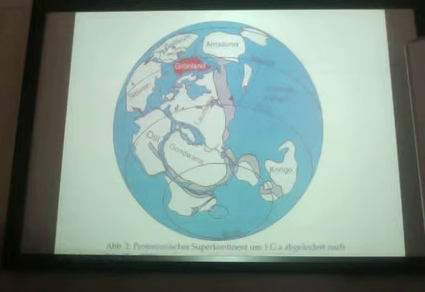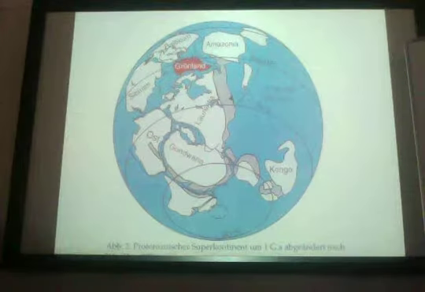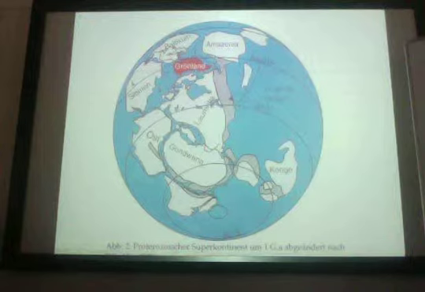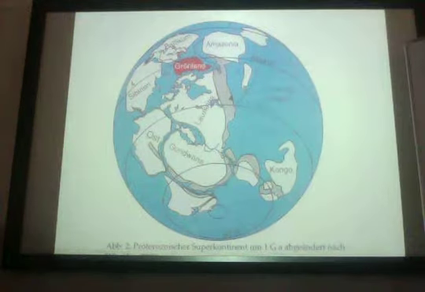And you know by now we had different supercontinents. The first continental landmass was Vaalbara, and Vaalbara was a combination of parts of the Kaapvaal Craton in South Africa and the Pilbara in Western Australia. That was about 3,300 million years ago, and 2,800 million years ago Vaalbara broke into pieces.